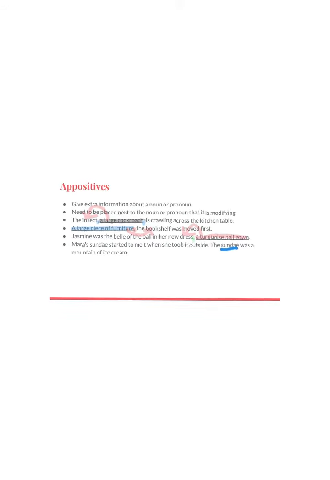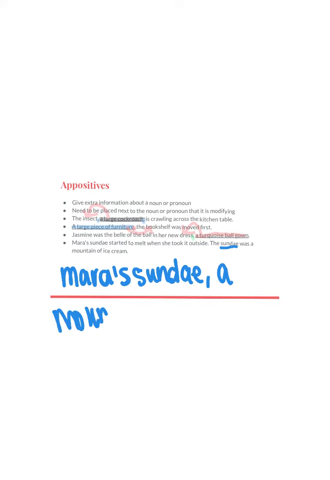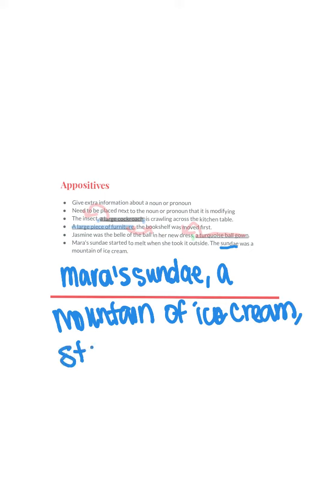So to rewrite that sentence, then we'll say Mara's sundae, and then we have that extra information. So here we'll add it, a mountain of ice cream, started to melt.